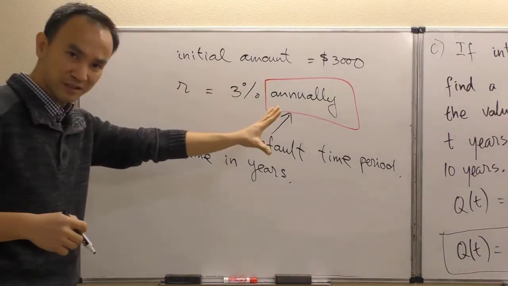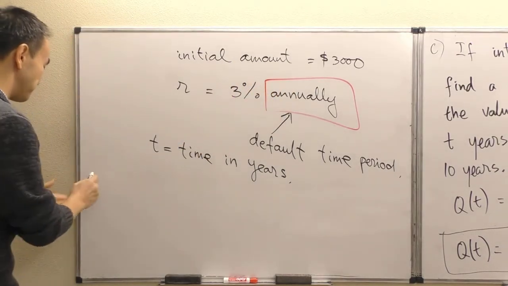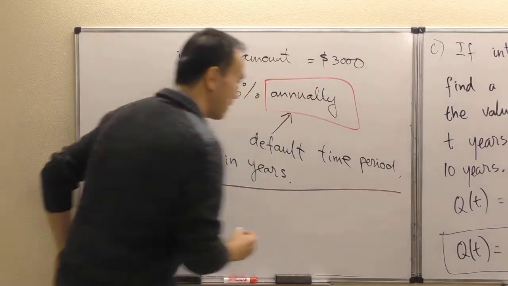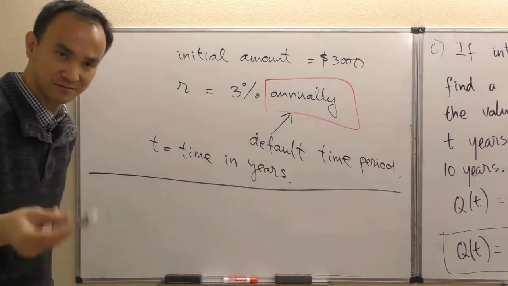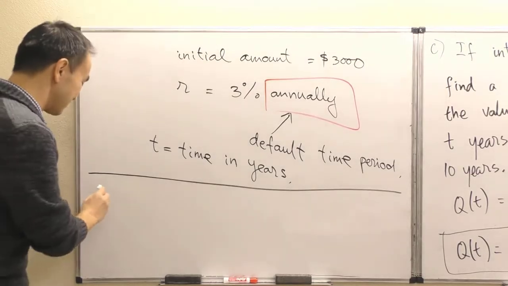And then ultimately in part C of example 1, we came to the following function that meets our continuous compounding requirements here.